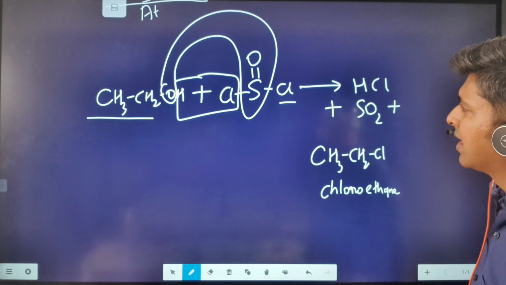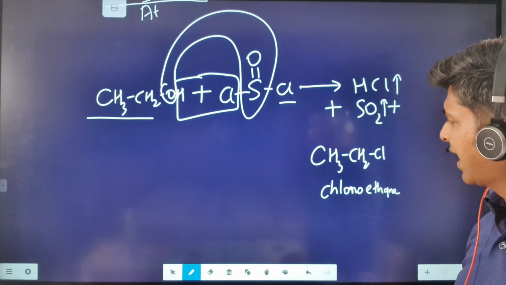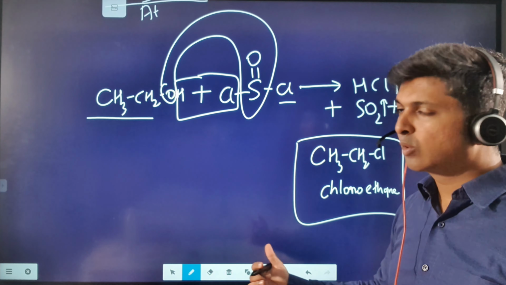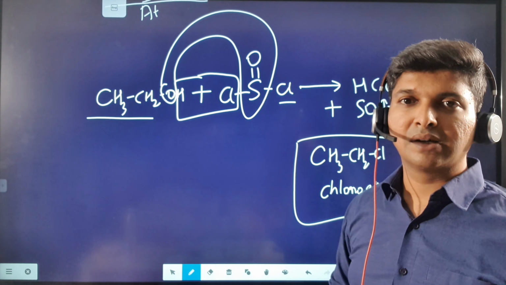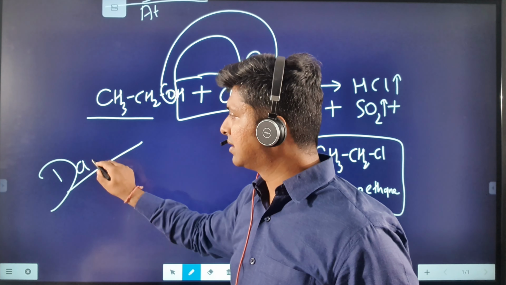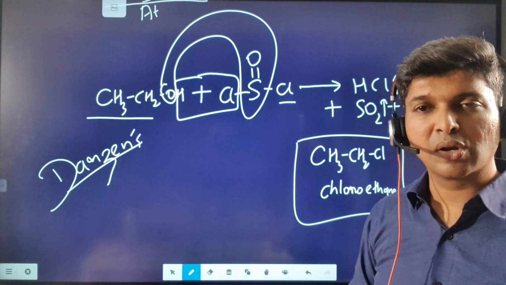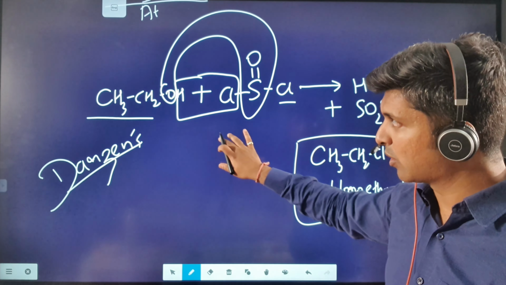Because if you observe, the byproducts are gases which can be easily separated, and we can easily get our product chloroethane. This particular process is called the Darzens process. It's the commercial method for preparation of haloalkanes.